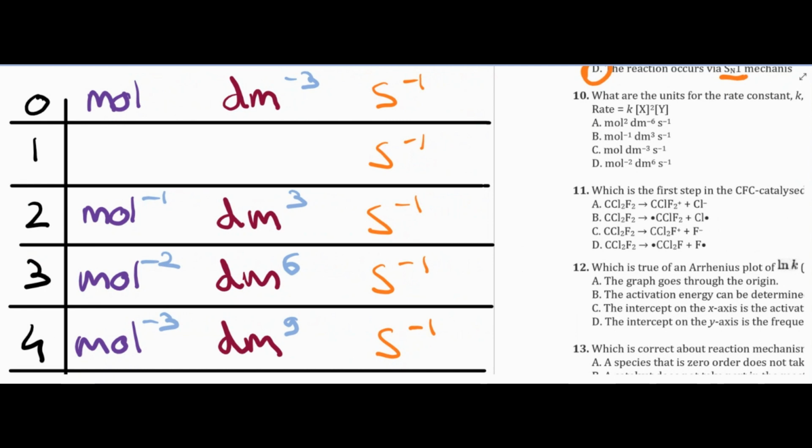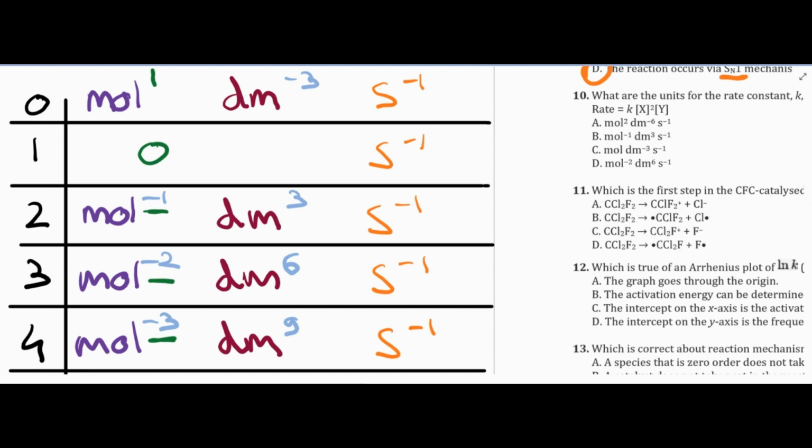So as you can see here, you're just decreasing by 1. Because if you think about it, this here is 1, this is 0, which is why we don't have moles. And then it just goes in decreasing order as you increase the order.